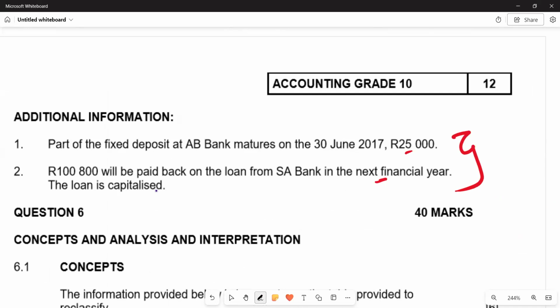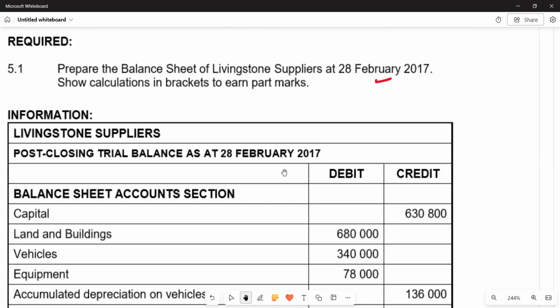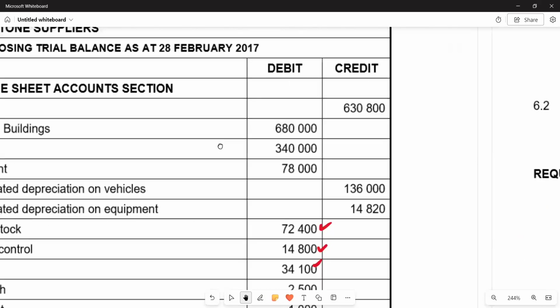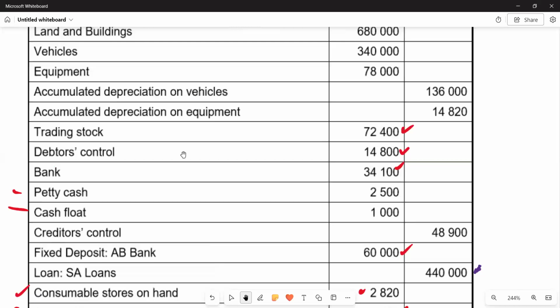So we said this 100,800, we are going to remove it from the figure for loan as a non-current liability and transfer it as a current liability as current portion of loan. So we're going to subtract 100,800 from the figure for loan that we are given here, which is 440,000. So we got there.